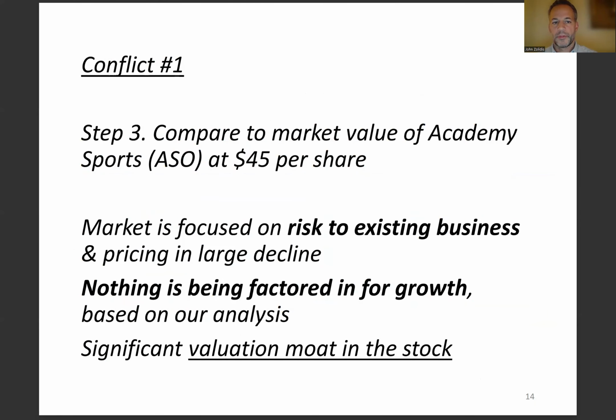So the third step here is, now that we're armed with our two estimates of the value of the existing business and the value of the future stores, which are yet to be opened, we compare that to what the market is paying for it. And at $45, we understand that the market is focused on risk to the existing business, as we discussed earlier.